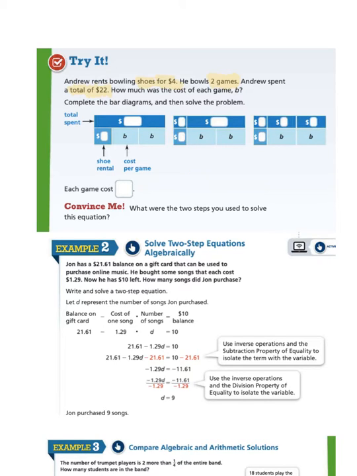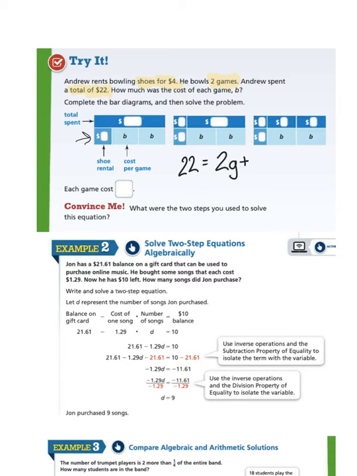So we have 22 equal to 2 games. We'll call it 2G for games. They use B in the bar diagram if you want to. But I'm just taking the highlighted information.